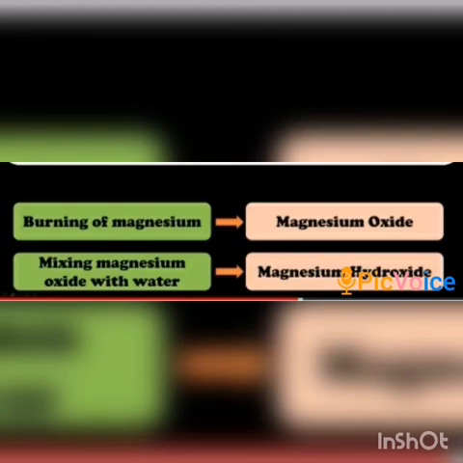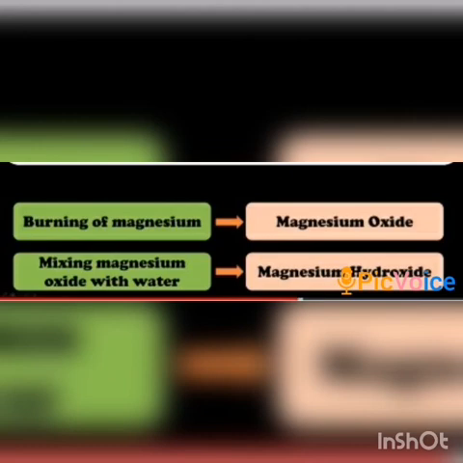By the burning of magnesium, we have got magnesium oxide. Then, after mixing this magnesium oxide with the water, we have got magnesium hydroxide. So these are the two new substances which are formed in this chemical reaction.